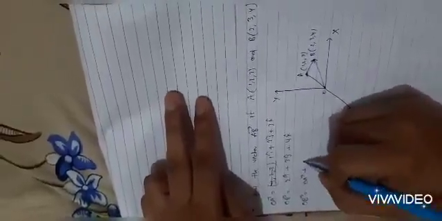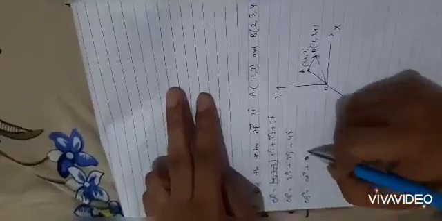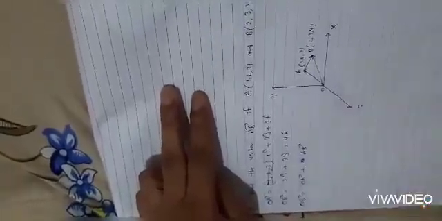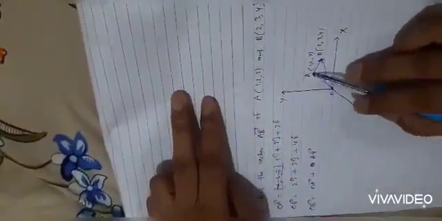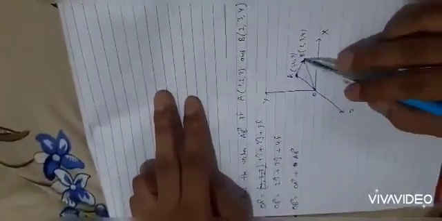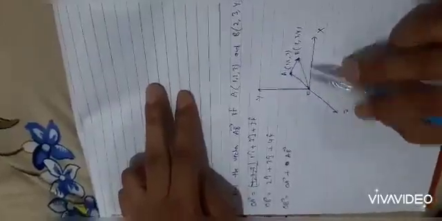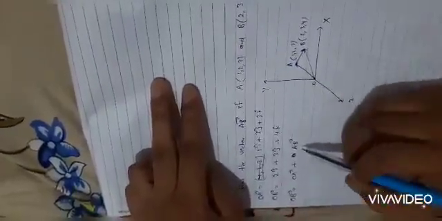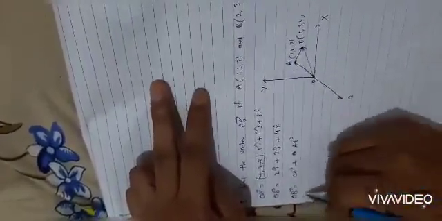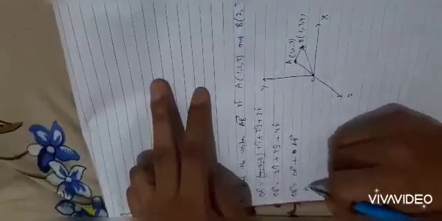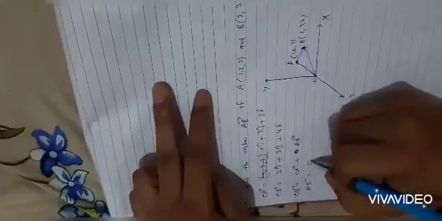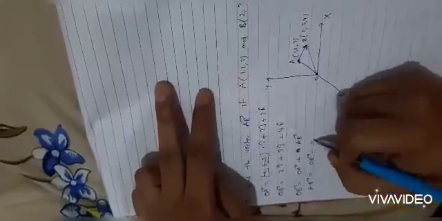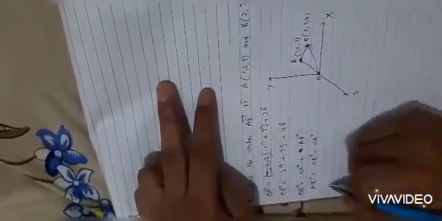So OB will be OA vector plus AB vector, because OB is the resultant vector. Now but we have to find out AB. So AB would be OB vector minus OA vector.